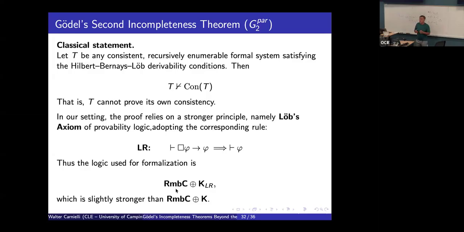As I told you, the second Gödel's incompleteness theorem is, people say, just a corollary, but it's a harder corollary. It requires, in my formulation at least, more resources. Now I need RMBC, my first simple but consistent logic, combined with K, with S4 and so on, plus this rule, which is slightly stronger than the previous one. So I need to appeal, at least in this proof, to a stronger principle.